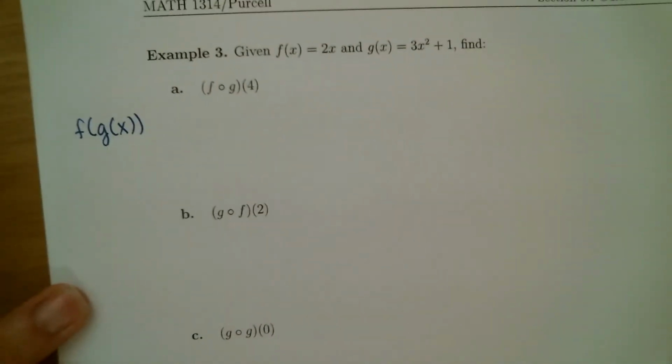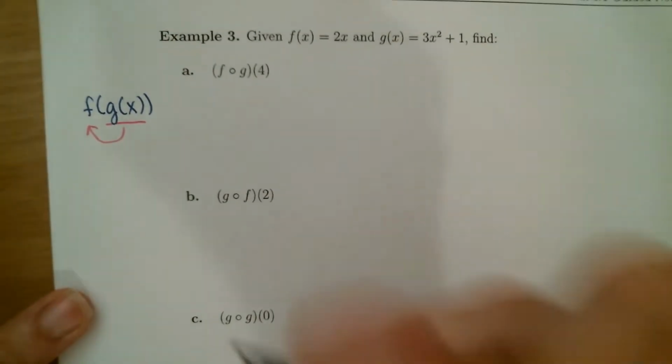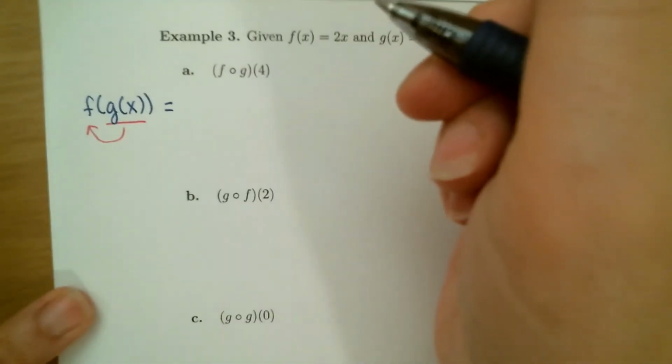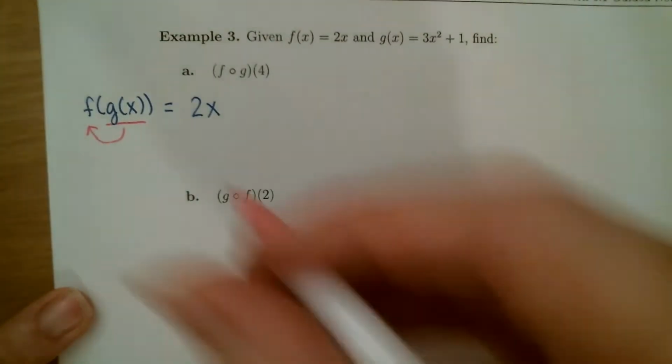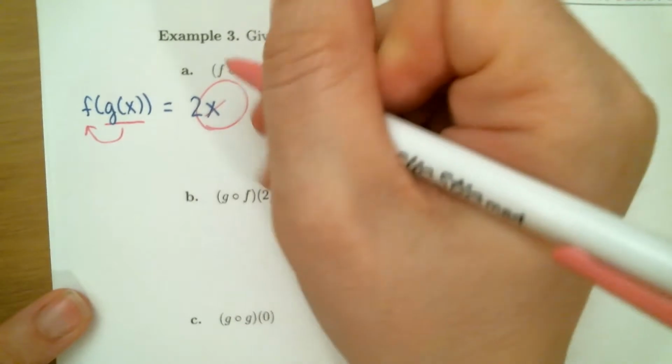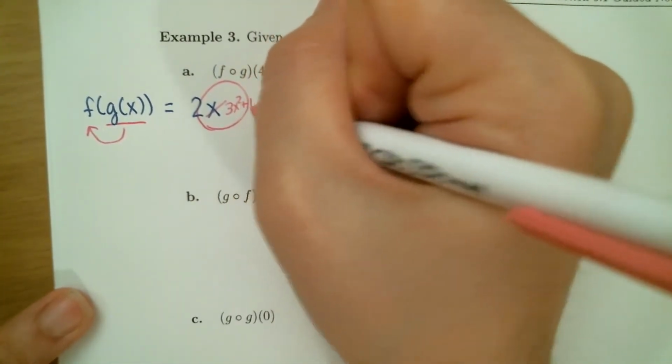So f of g of x. In this case, we are plugging g into f. I am going to write down my outside function, the one I'm plugging into, so that's 2x. Everywhere I see an x, I am going to replace it with g of x, which is 3x squared plus 1.